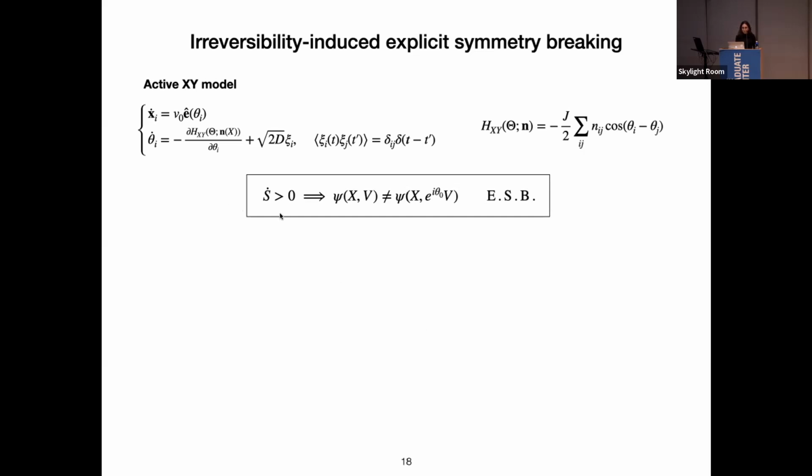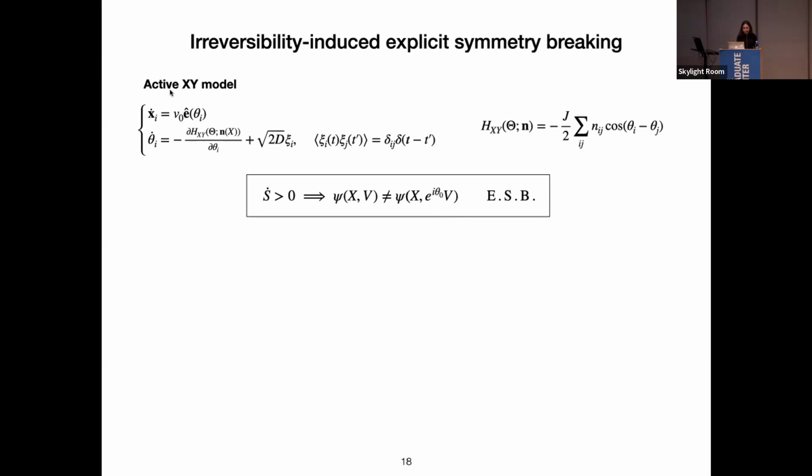Basically, in the active XY model, the condition of irreversibility implies an explicit breakdown of the symmetry under rotations in the subspace of velocities, which is what is typically considered as the starting point for Mermin-Wagner theorems.